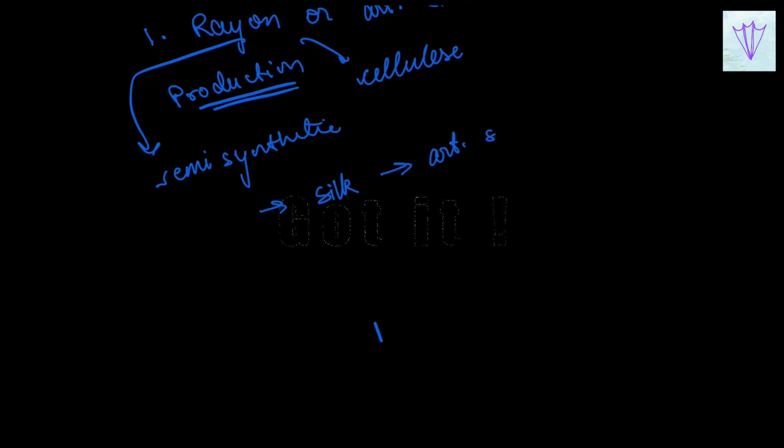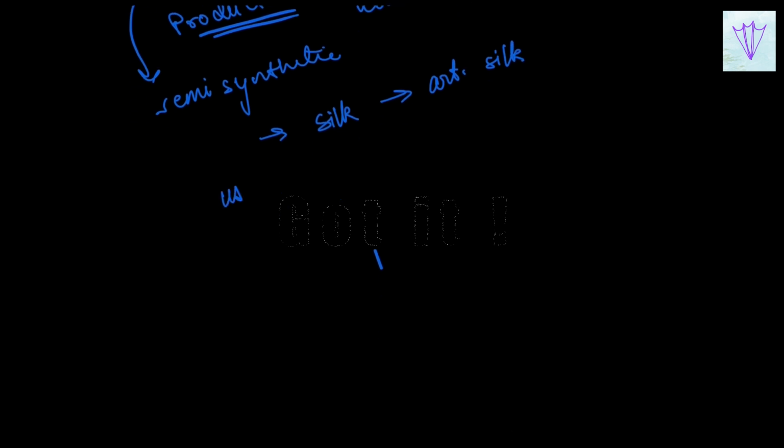and therefore it is known as artificial silk. Uses: it can be used primarily in the textile industry. Rayon along with cotton in the ratio of 1:1 is used in making bed sheets, silky cloths, and the blend of rayon and wool is used in making carpets.